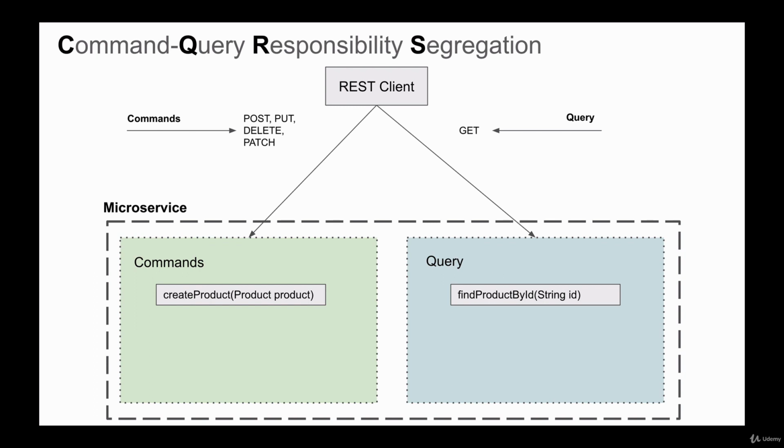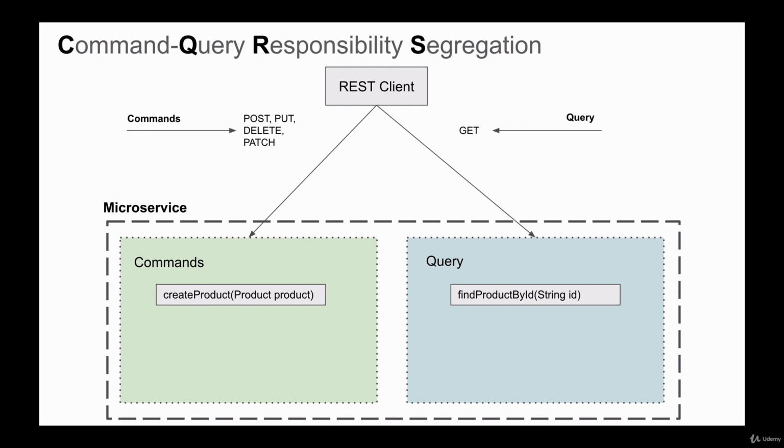But it's not only about HTTP requests that are coming from a REST client. As we continue working with the CQRS design pattern in this video course, you will see that commands and queries are how the communication will be done within a microservice and also between microservices. Whenever we want a microservice to execute a certain task, we will issue a new command.